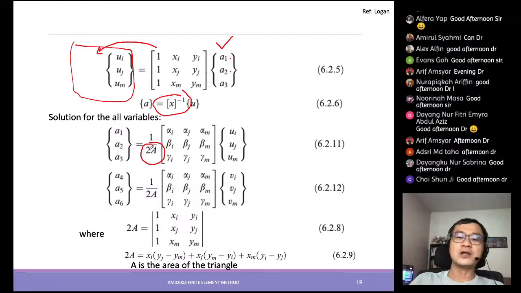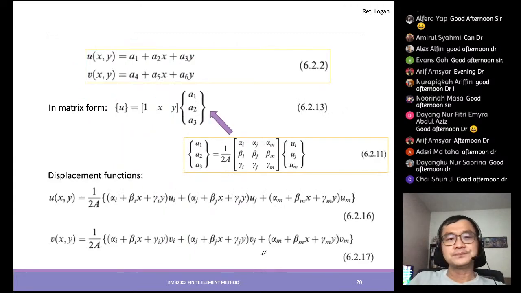We have 1 over 2A, where this 2A is actually the determinant of the matrix itself. So the determinant is x_j y_m minus x_m y_j, and so on. And the A also coincidentally represents the area of the triangle itself.